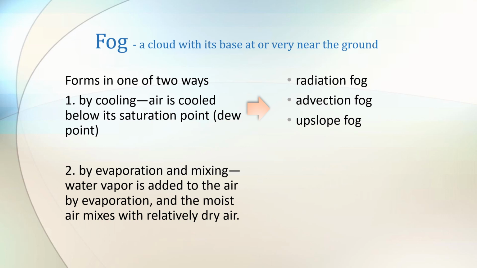For the fogs that are formed by cooling, there is radiation fog, advection fog, and upslope fog. And for the fog that is formed by evaporation and mixing, we have the steam fog and the frontal precipitation fog. We're gonna go first with radiation, advection, and upslope, which are formed by cooling.